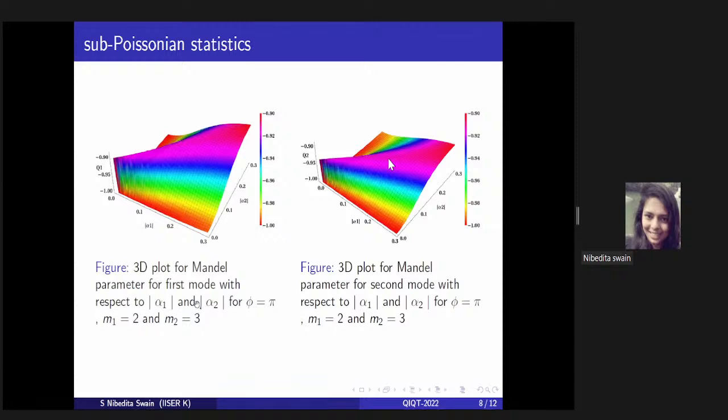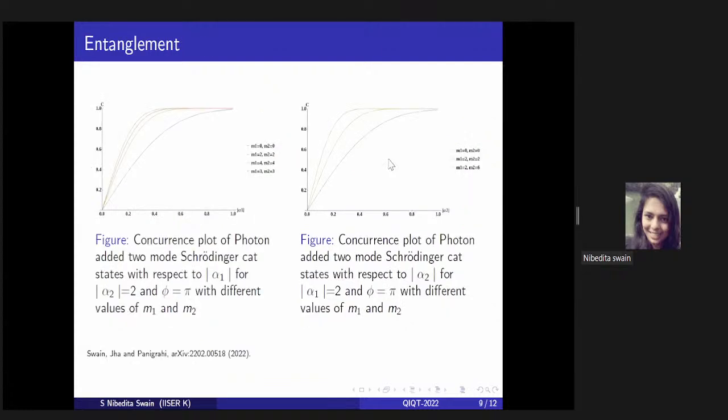In this figure, we plotted the Mandel parameter with respect to alpha 1 and alpha 2. The Mandel parameter is negative, so we have proved that the introduced state is non-classical.